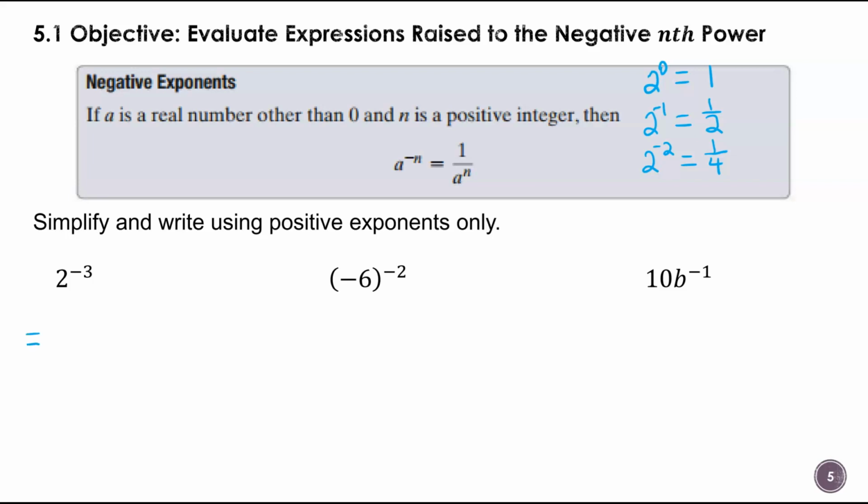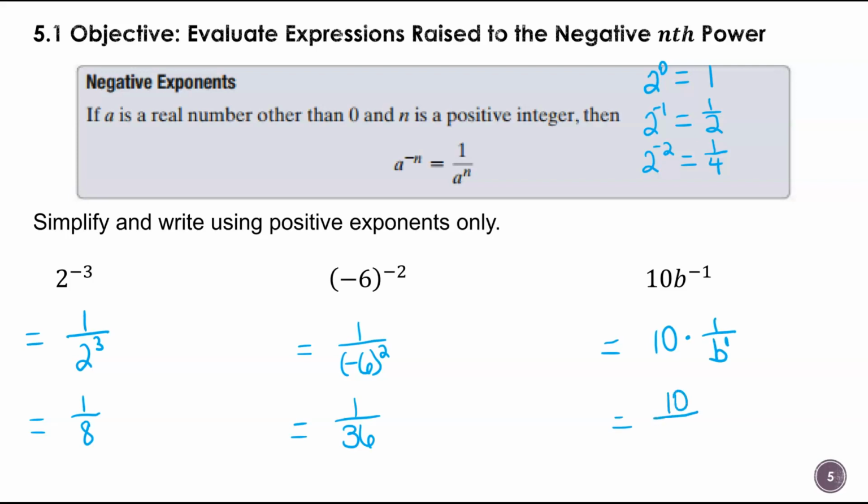On this first one, that would be 1 over 2 to the 3rd power, which is 1/8. We'll go ahead and simplify that. On the next one, this would be 1 over -6 to the 2nd power, so that's 1 over 36. And then the next one would be 10 times 1 over b to the 1st, and we would just write that 10 over b.